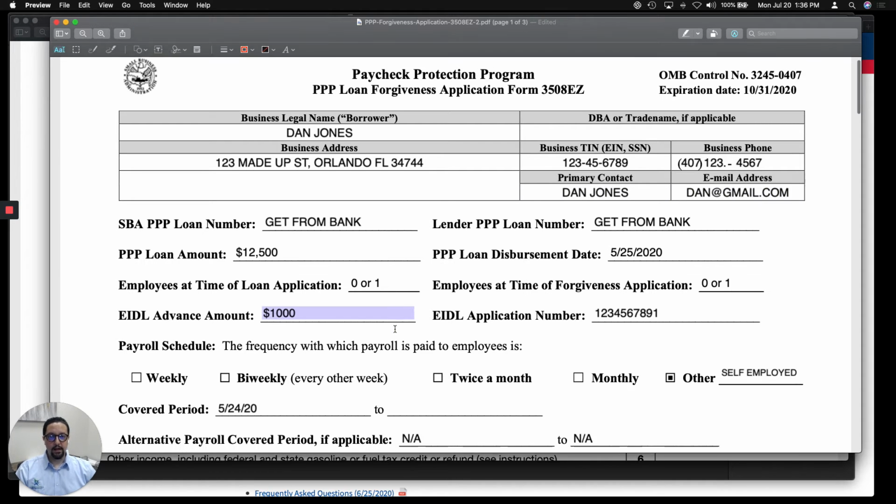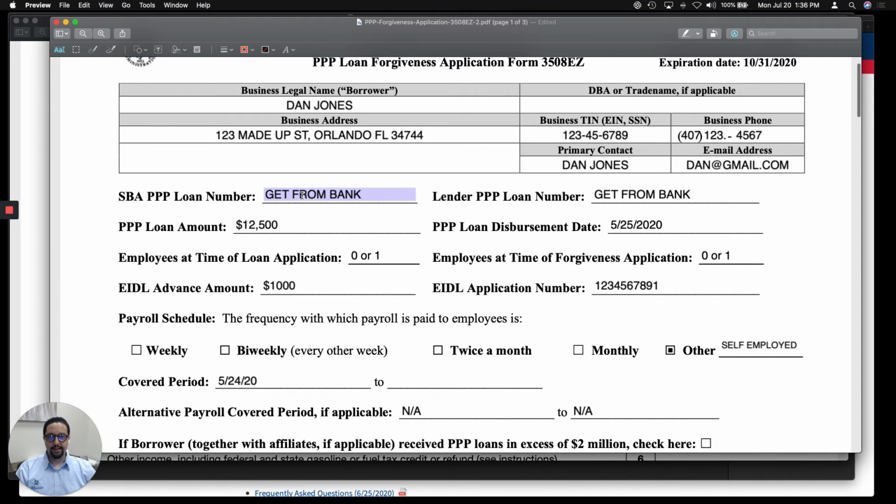Okay. Now, let's keep going down. In this line, they're asking for the SBA PPP loan number. You're going to get this number from the lender or bank, okay? The documents that you signed with your lender to agree to the PPP loan should have the PPP loan number in them. If you don't have them, you need to ask your bank.